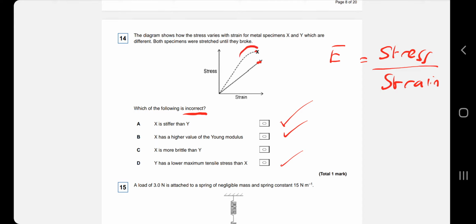X has this stretchy part here as it goes into a plastic region. If you remember from your lessons, this will be the elastic region, and as it starts to deform, the curve up, this will be the plastic region. So X is definitely not brittle. It's something that's got some slight ductility. So C is incorrect.